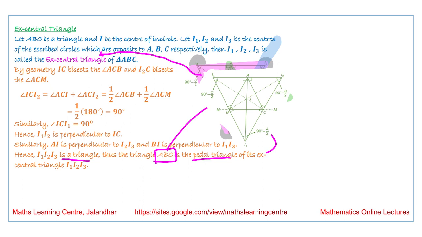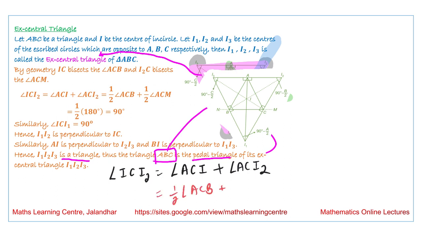So from these two what we obtain is that angle ICI2 is the sum of angle ACI and angle ACI2, and both these angles are half of angle ACB and half of angle ACM.